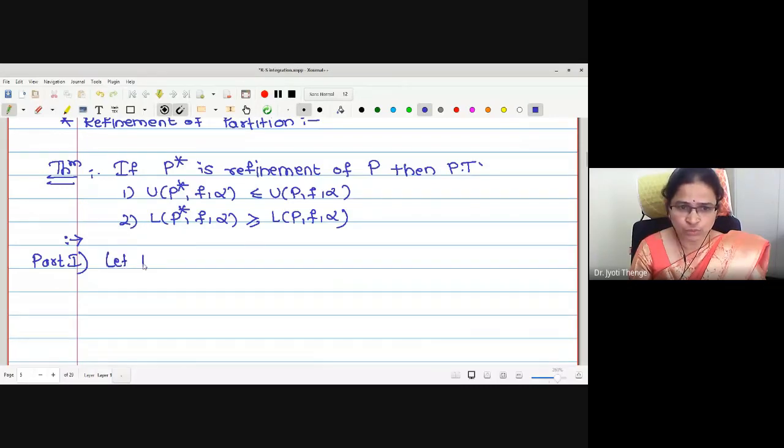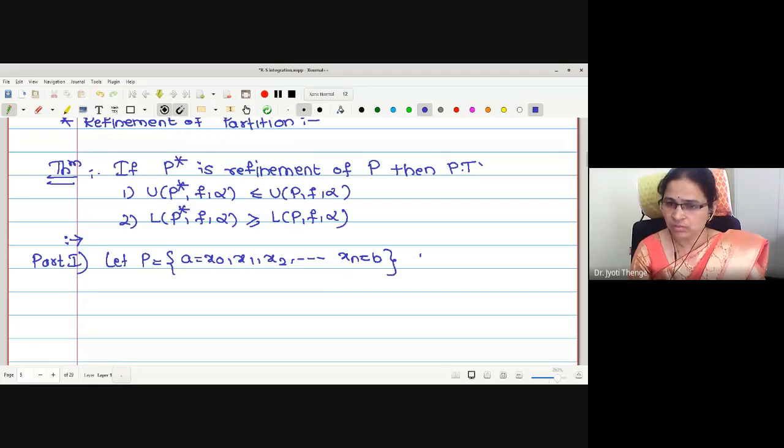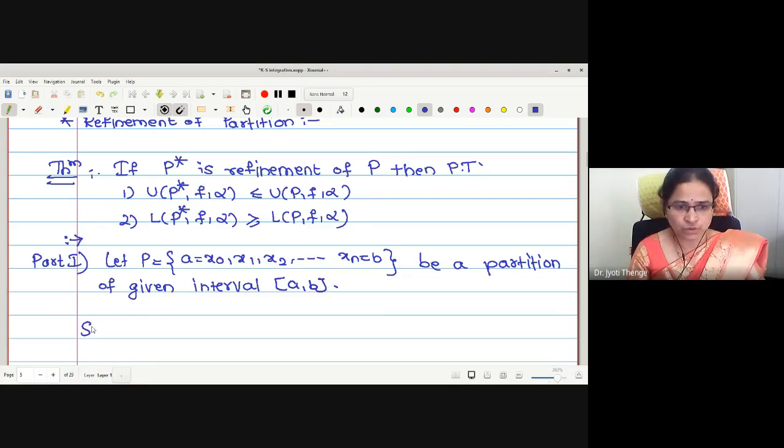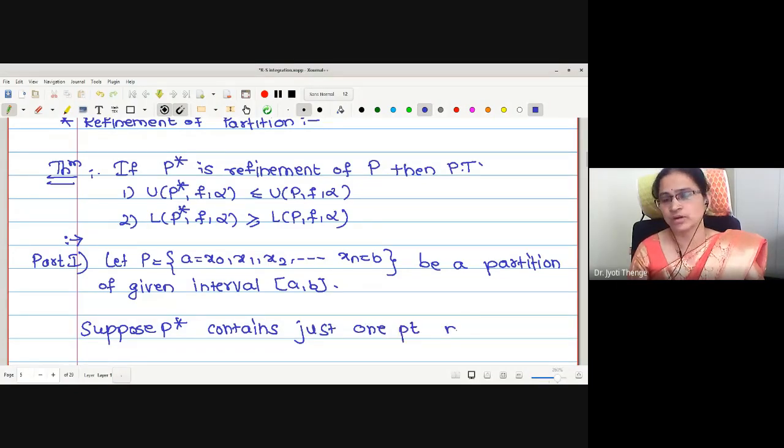Let P equal to x naught, x1, x2 till xn equal to b be a partition of given interval a, b. Now suppose P star contains just 1 point more than P.